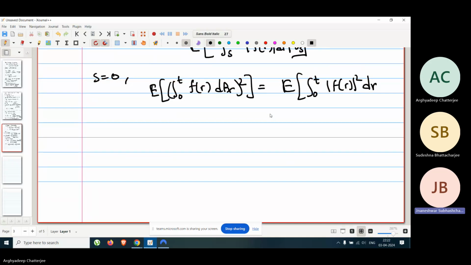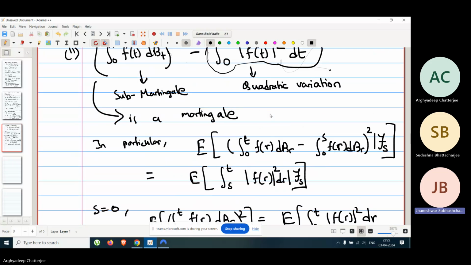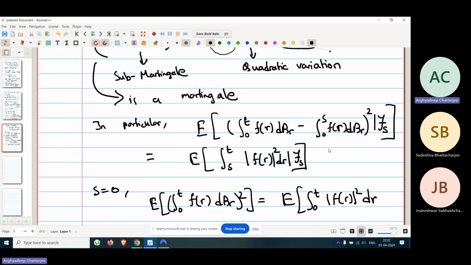So what happens if I just naively start expanding the square? Does that give me something? Yeah, you get this integral from 0 to t, whole squared. Then this would follow from the basic martingale property.